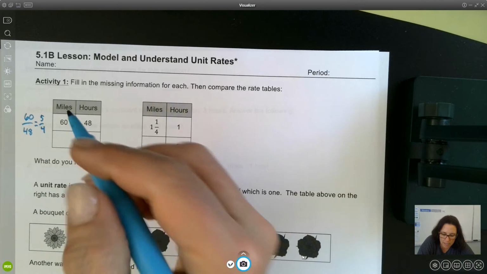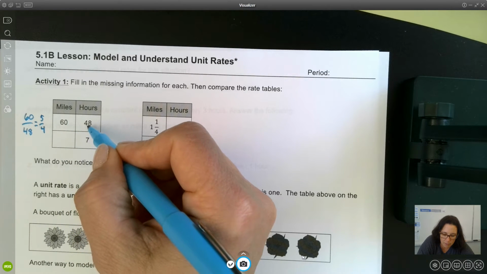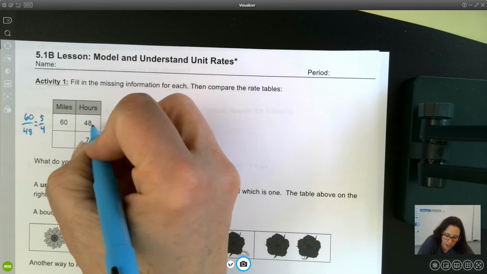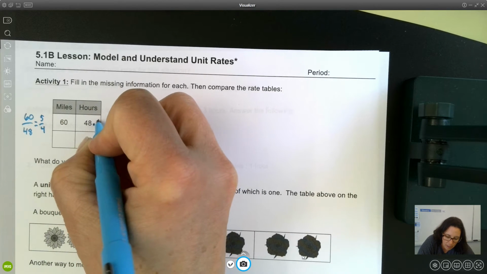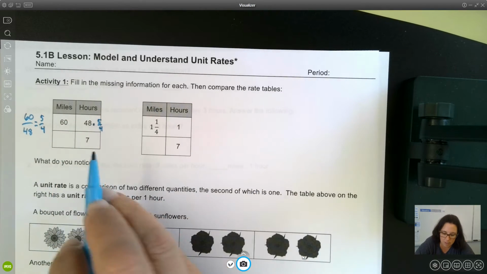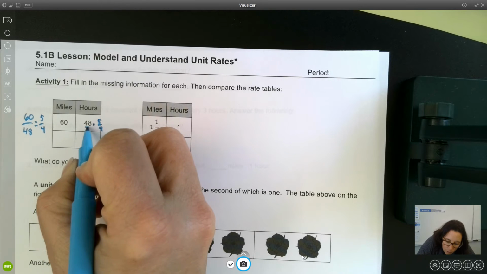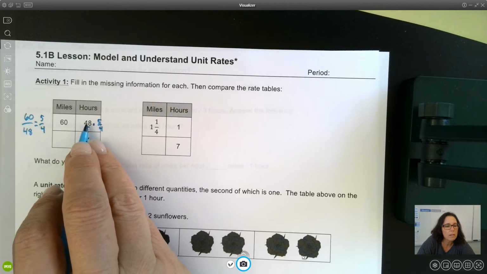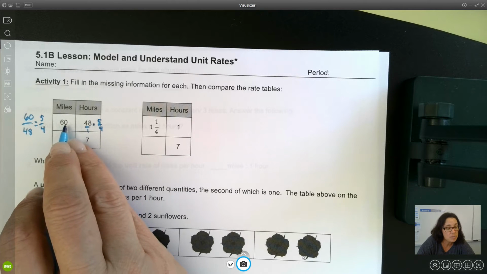So I just took 60 divided by 48 and got 5/4. That means that if I multiply 48 by 5/4, I get 60. Let's look at that. That's 48 over 1. The 4 and the 48 cross cancel and leave 12 times 5, which is 60.